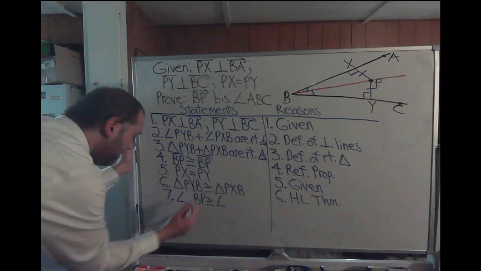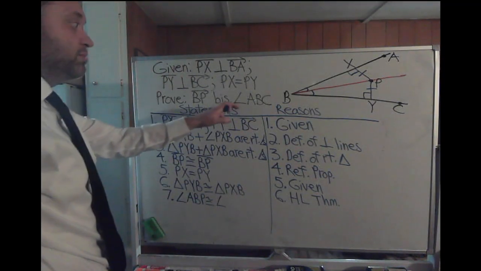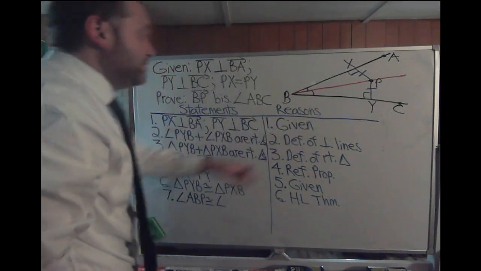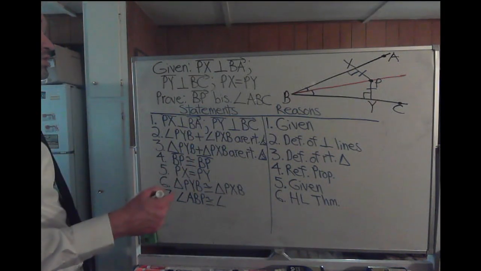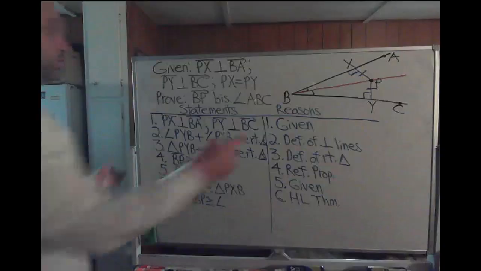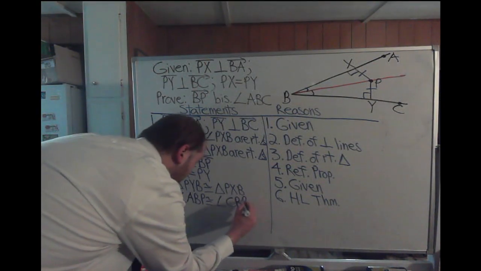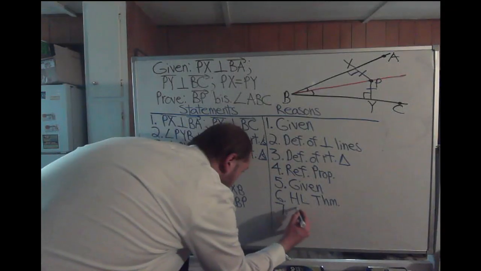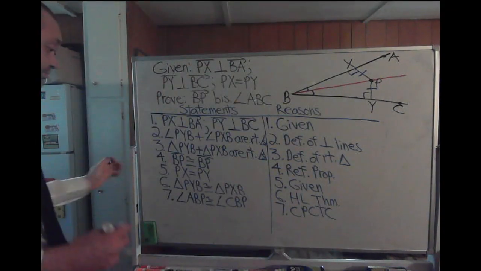Because at this point we want to use the whole thing, because ultimately we're trying to prove a bisecting of angle ABC, the whole angle. So angle ABP is congruent to angle CBP by CPCTC. Corresponding parts of congruent triangles are congruent.